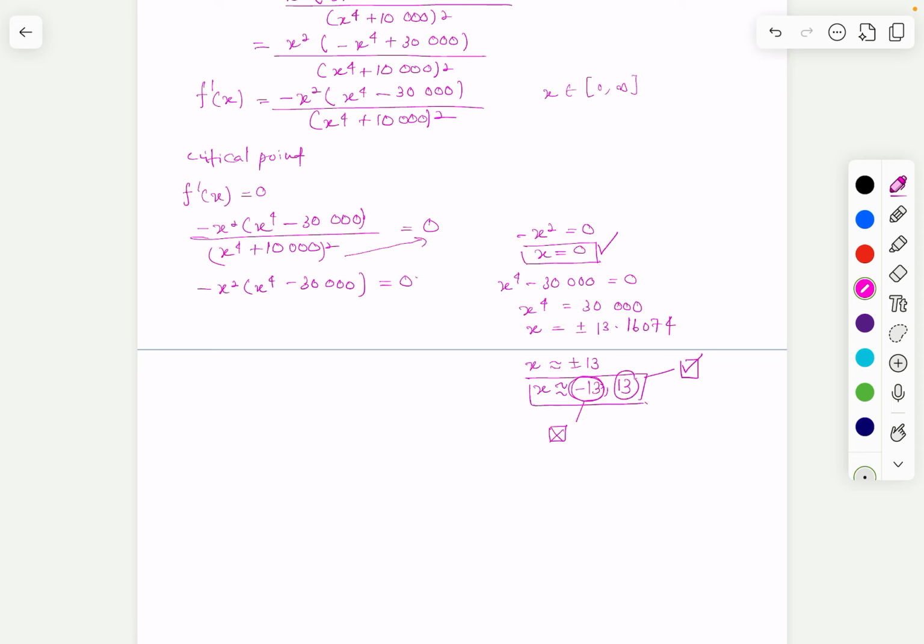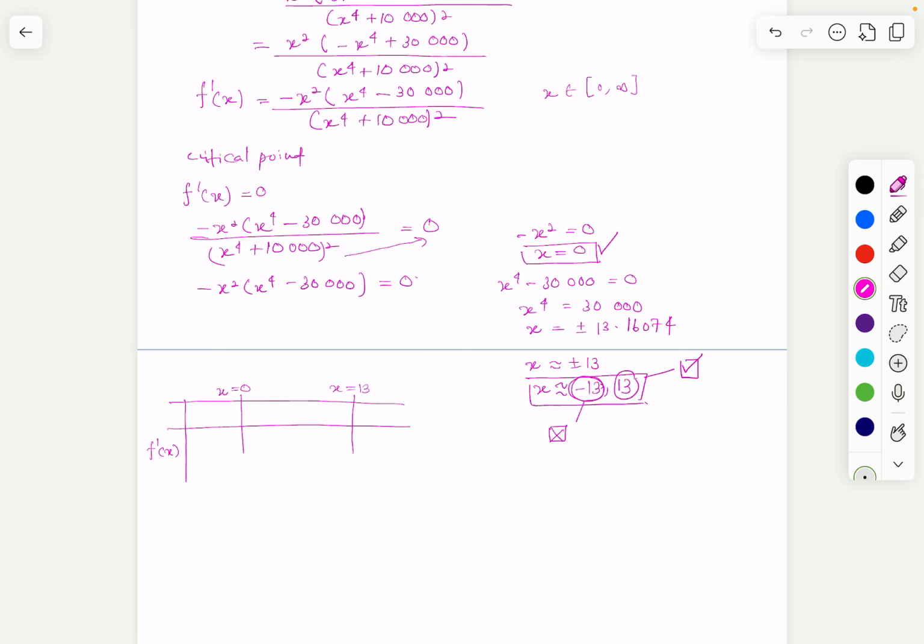Recall from calculus 1, to check for increasing or decreasing, it depends on the critical points. We have critical points x equals 0 and x equals 13. So you need to check the first derivative within the intervals based on the critical points.